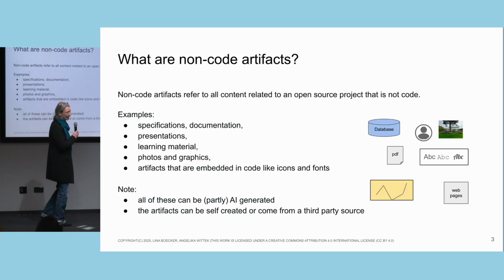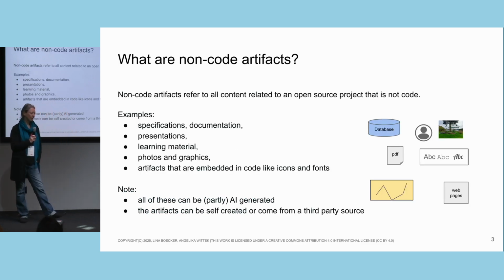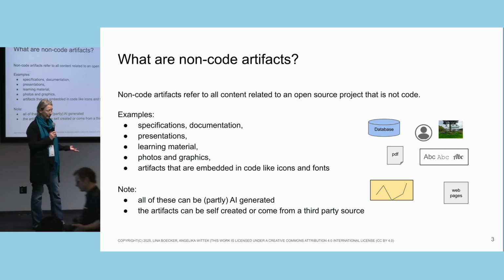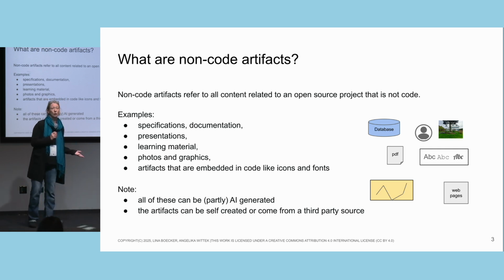So as Lina mentioned, last year we were here and talked about open source contributions. This year, we want to talk about non-code artifacts and AI. So why? If you have an open source project, it's about code, of course, it's software, but it's also about non-code.